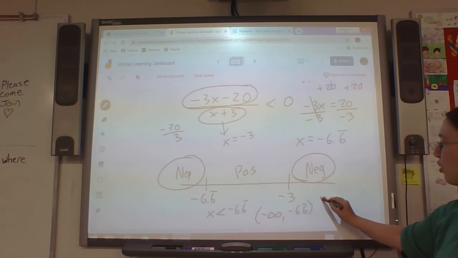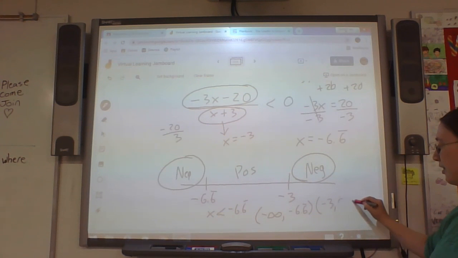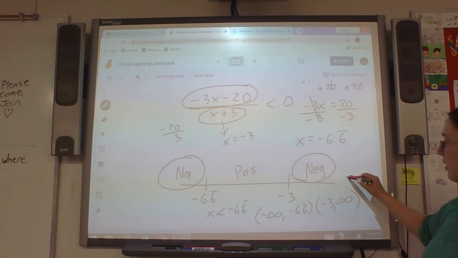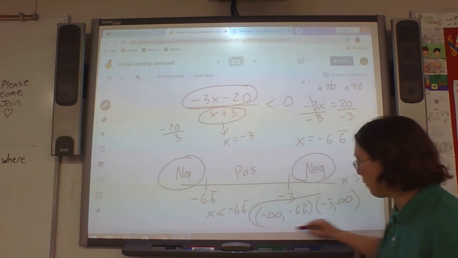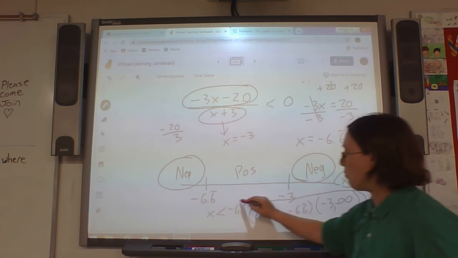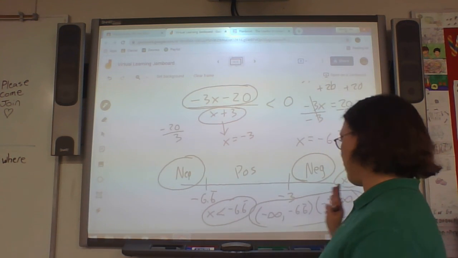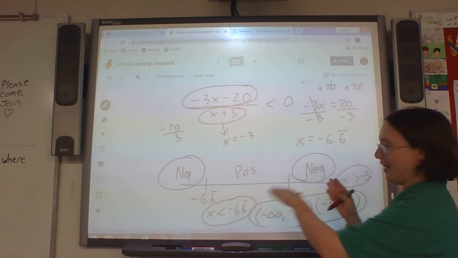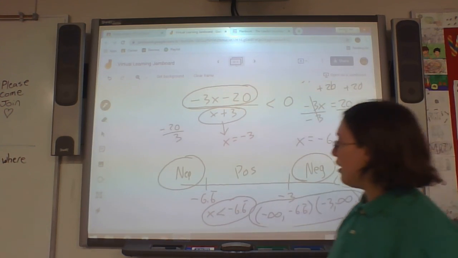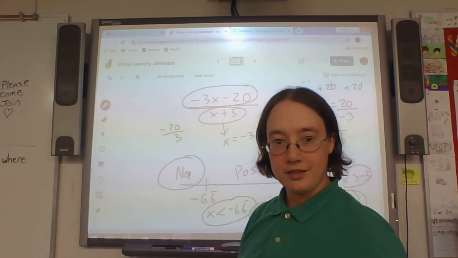And then this other section over here from negative 3 to infinity. Or same thing, if you call that x is greater than negative 3, that would also be okay. So either both of these or both of these. Either one's fine. Not going to be picky about whether you put it in interval notation or whether you left it like this. It's not the main point right now. So either of those is okay.